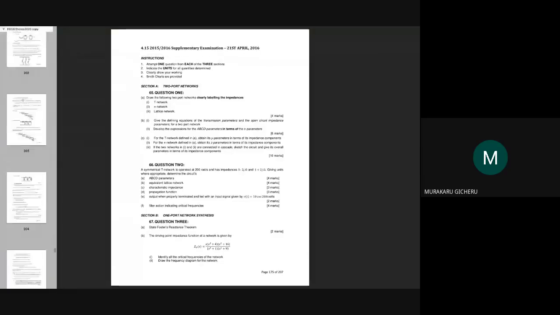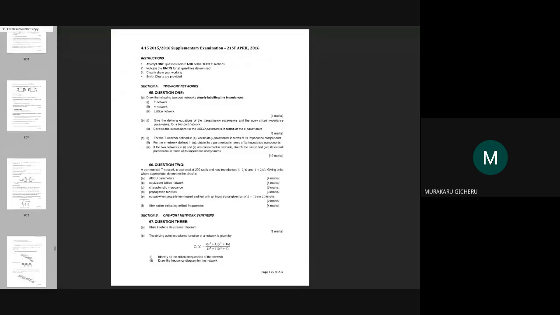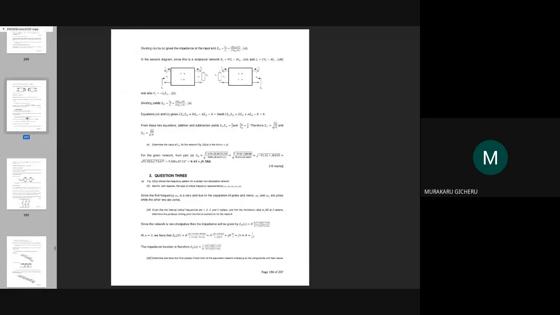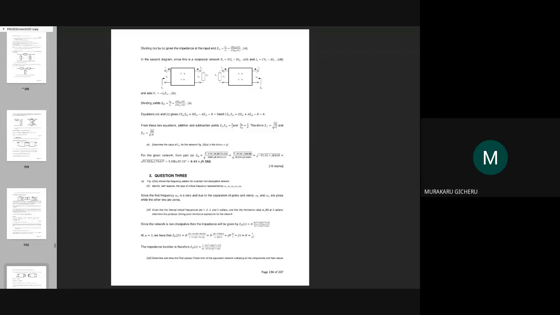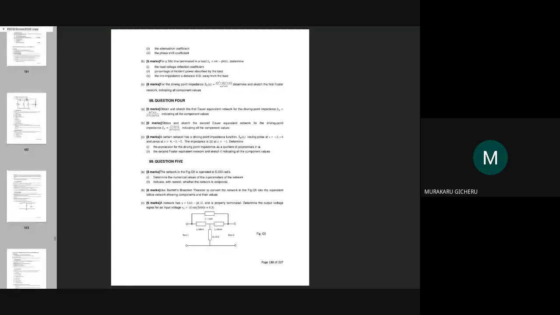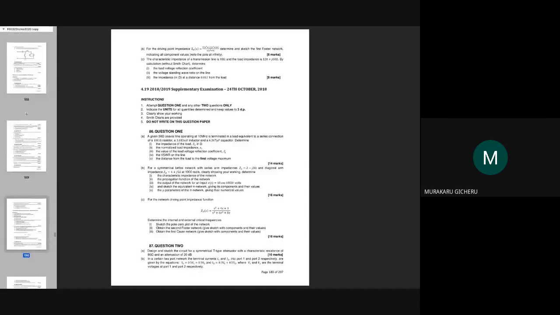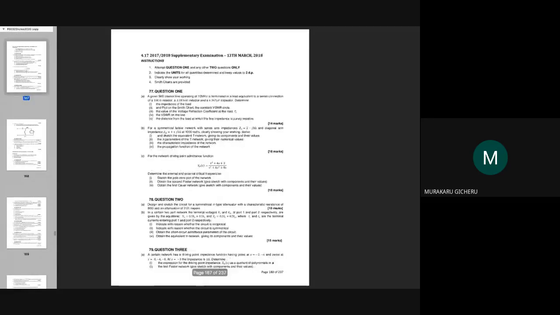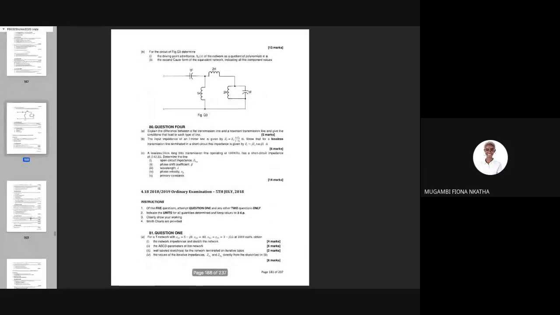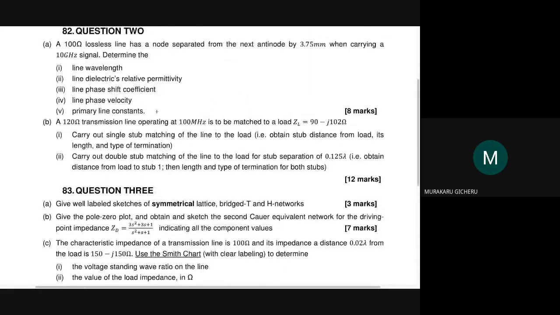No, clearly it's not there. It's page 190. Okay, yeah.